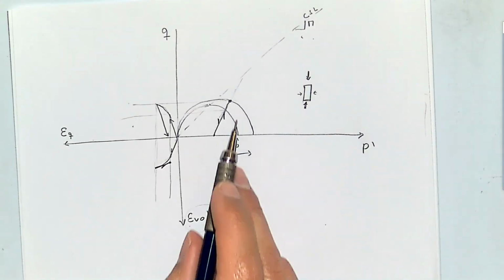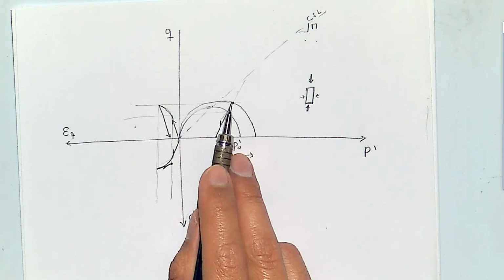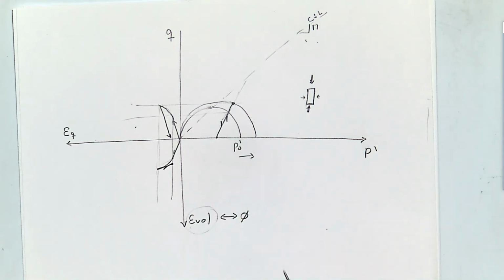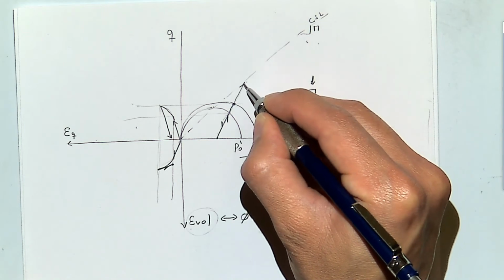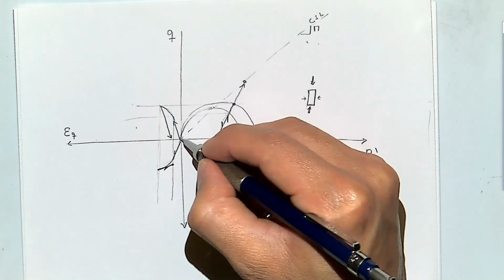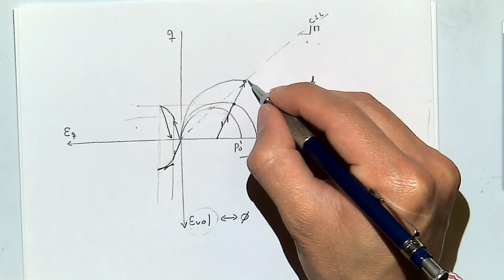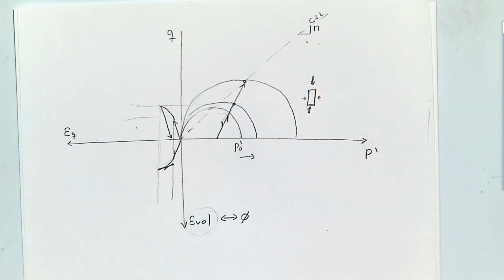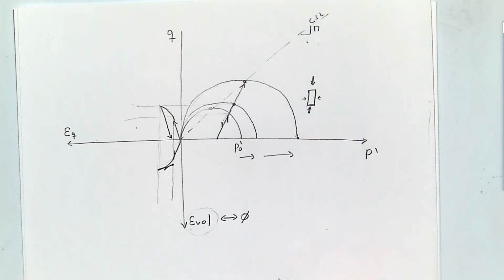And once we go through the yield surface, that's going to be irreversible. If we come back and continue loading till we get to the yield surface, now the new yield surface is going to be that one, and this one is going to move from here to there.